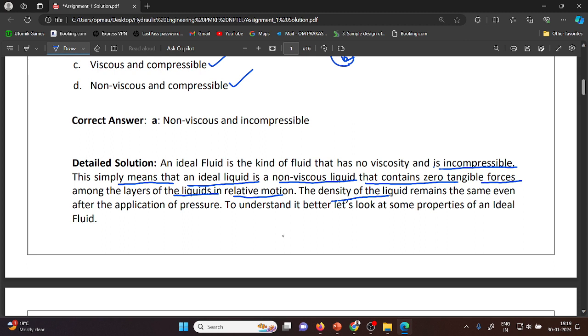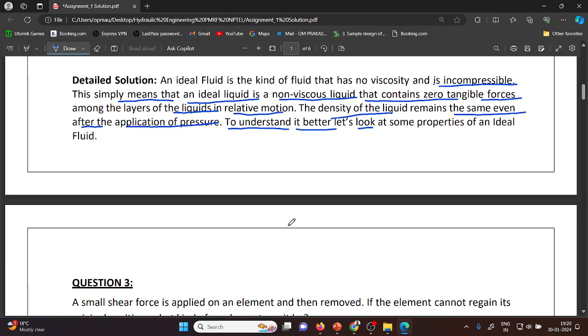The density of the liquid remains the same even after the application of pressure. To understand it better, let's look at some properties. Okay, now moving on to the next question.